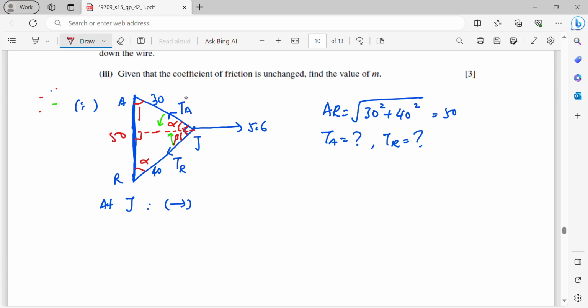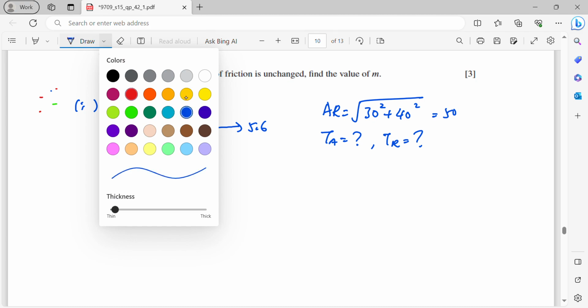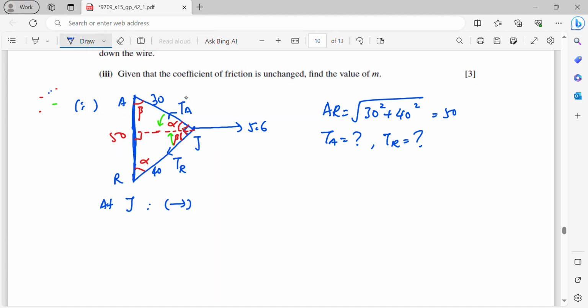Okay, so from here, now you can say that 5.6 is the force towards the right hand side. So when I resolve the TR horizontally, I will get TR sine alpha. You can write cos beta or sine alpha, up to you.